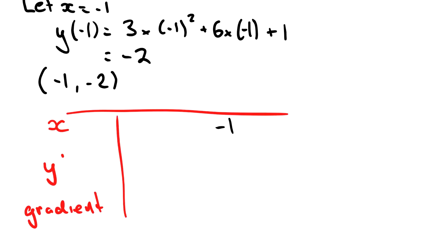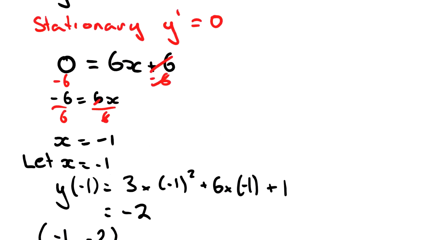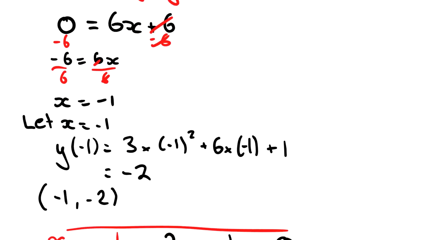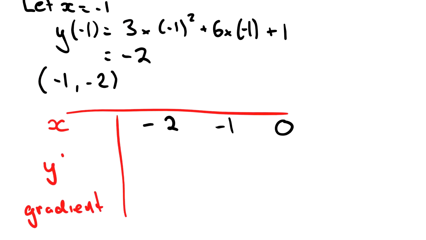So what I'm going to do is pick the number to the left, which can be negative 2, and then a number to the right, which is 0. I then go back and find the first derivative of these. So when I go back up here to my derivative, 6x plus 6, what I'm doing is changing these to negative 2 and to 0 to find what that is.